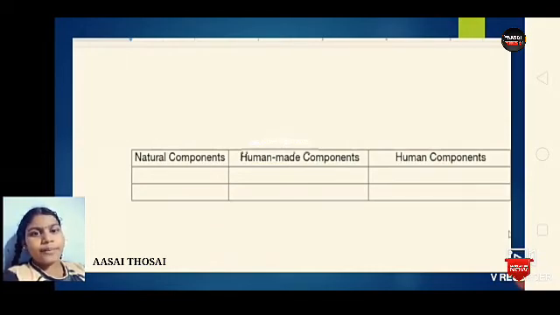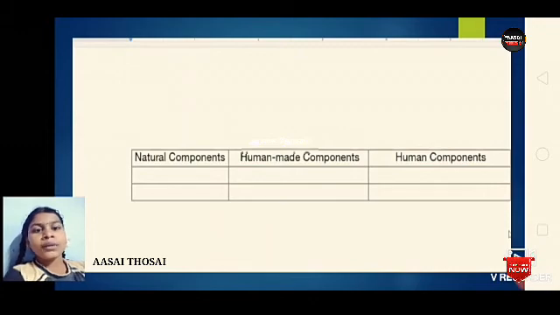Now human-made components are those made by humans, for example chair, pen, pencil, etc. And human components are humans and their interactions. What are examples? Religions, economics, families, communities, educational and etc.